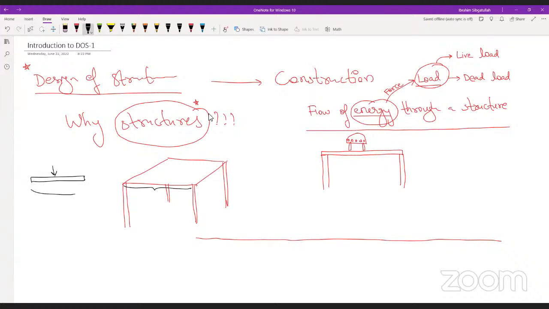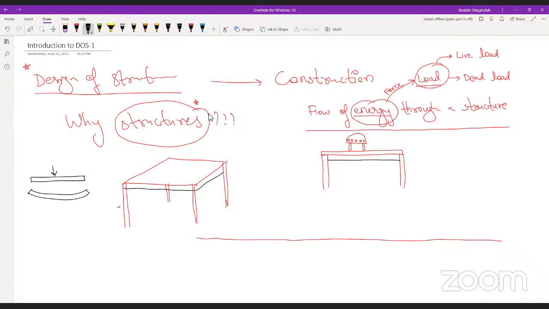It will start bending like this and it may fail. So to avoid bending between column to column, we provide something called beams. Beams will be distributed on all four sides.